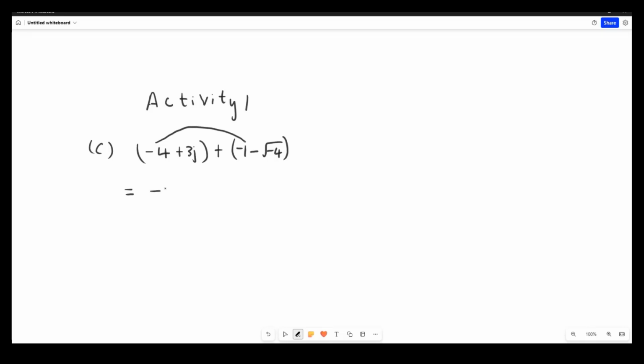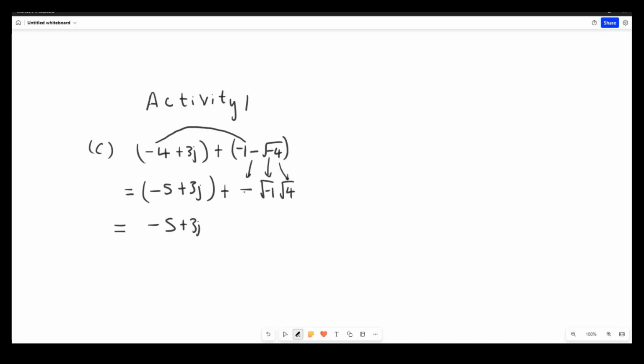-4 minus 1 is -5 plus 3j. And then the part that we want to consider now is this part here: there's that minus, there's the square root of -1, and there's the square root of 4. So we have -5, we added -4 and -1.